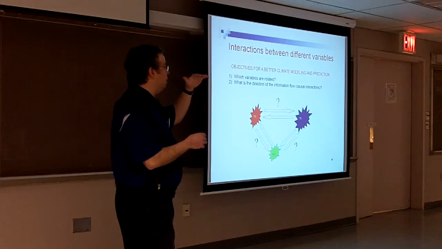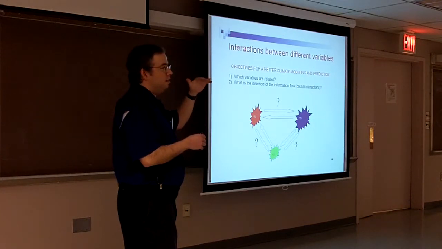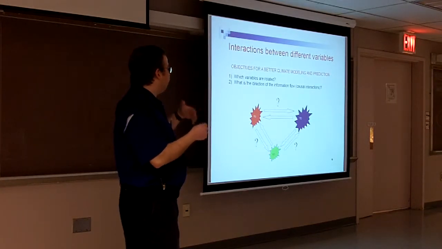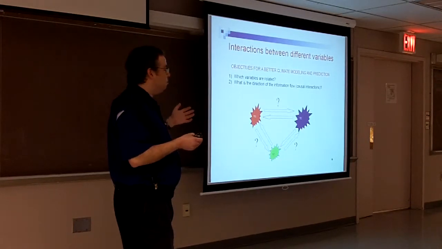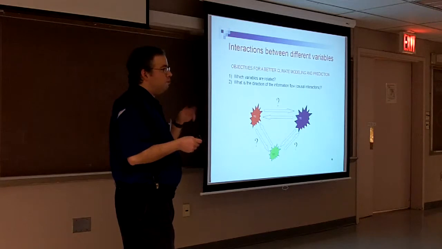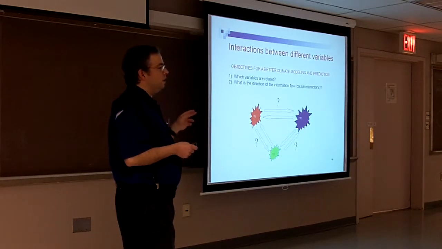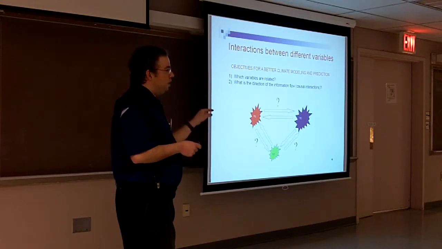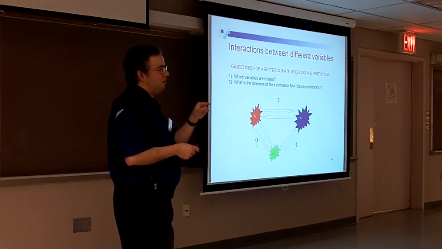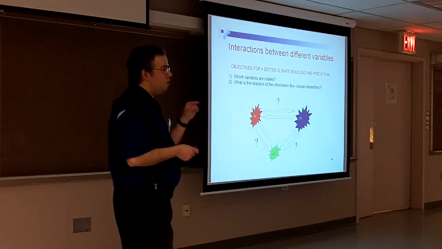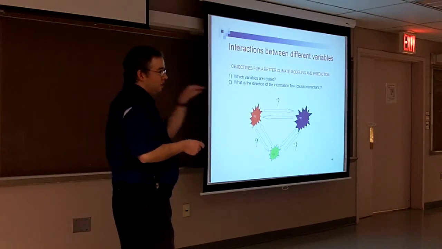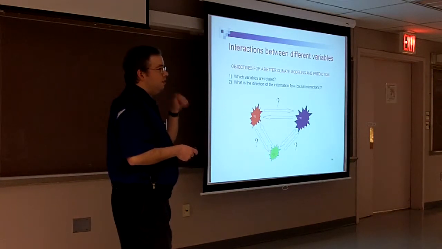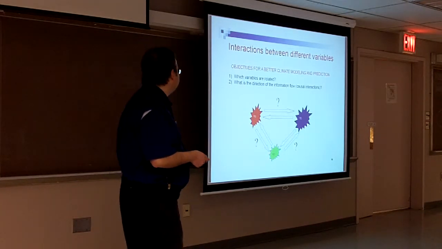We can explore the relationships with mutual information too, but none of these methods give you the information about the directionality, which variable causes the other variable to happen. So our goal is to explore this information, which is the directionality. So we're exploring this in this project.